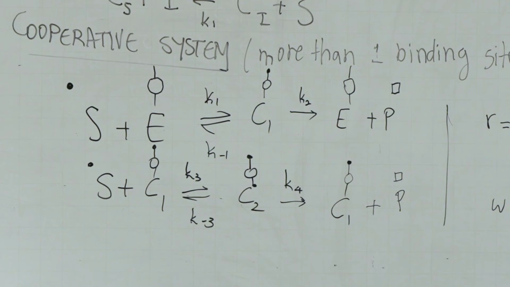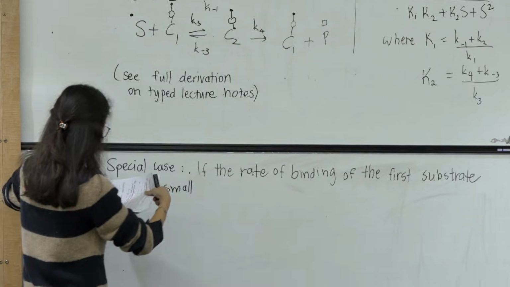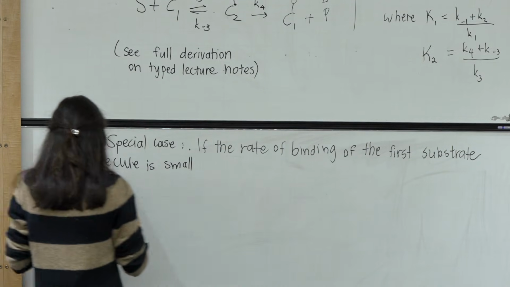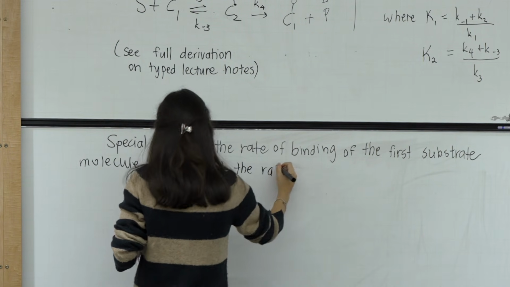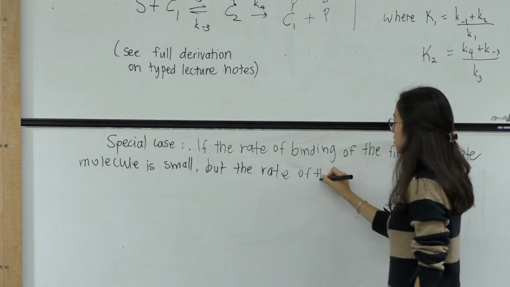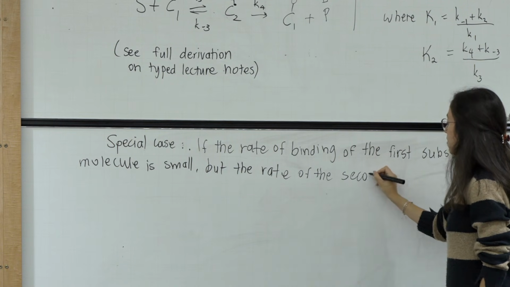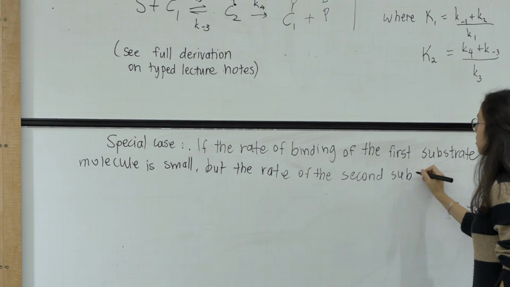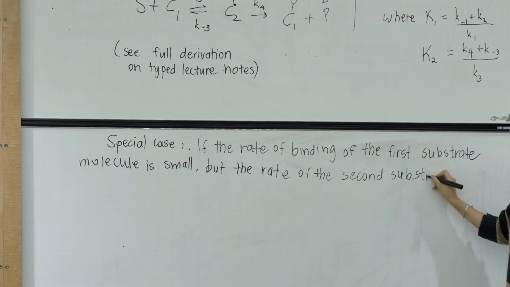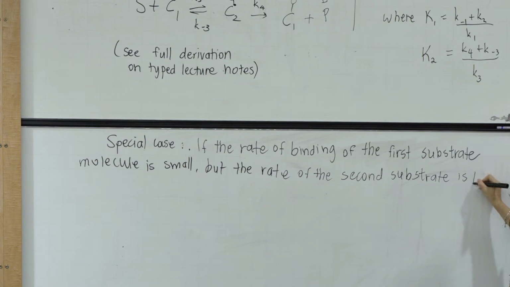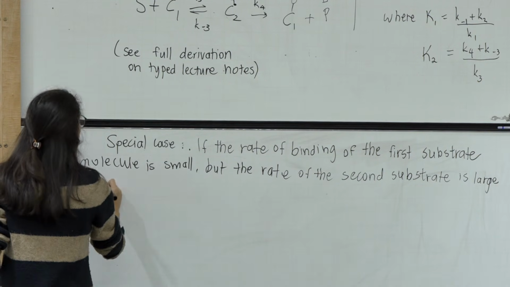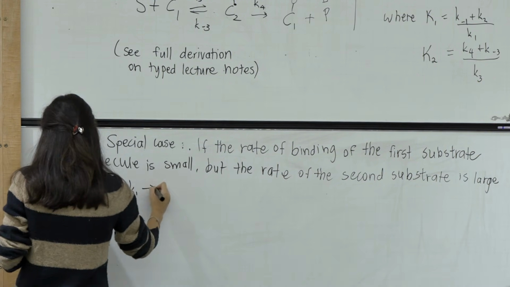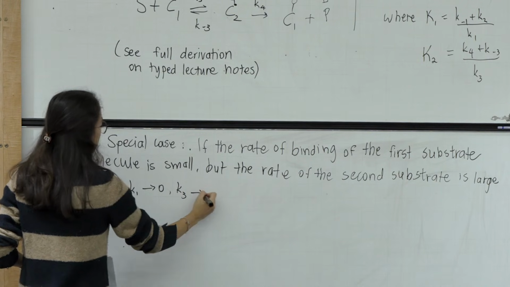When I talk about the rate being small, I am referring to K1, so K1 going to 0. If this is small, but the rate of the second substrate, that means K3, is large, then I have K1 going to 0 and K3 going to infinity.